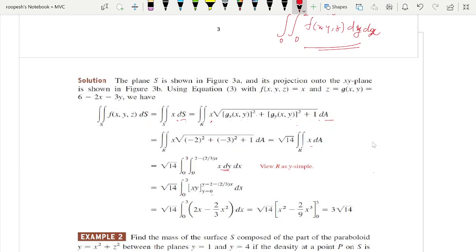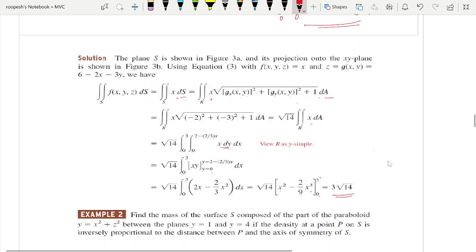Inserting the limits, we will get 2x minus 2 by 3 x squared. Again we want to integrate between the limits 0 to 3 with respect to x. You will get root 14 into x squared minus 2 by 9 x cubed between the limits 0 to 3. By substituting the limits, you will get 3 into root 14.